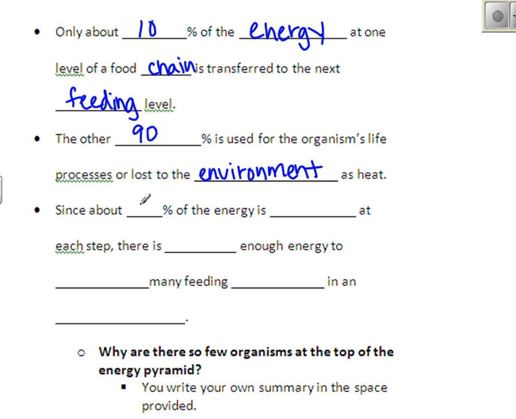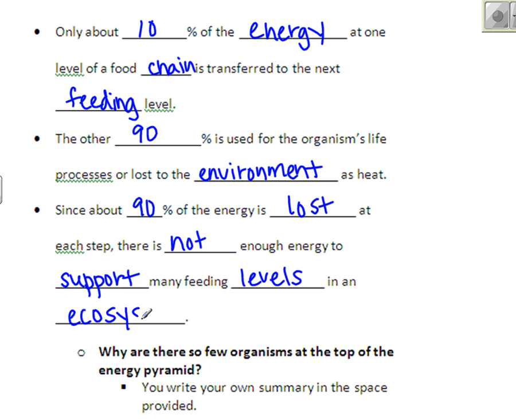So since about 90% of the energy is lost at each step, there is not enough energy to support many feeding levels in an ecosystem. So whenever I discuss with you how really you only have maybe up to a third level consumer, and very rarely will there ever be a fourth level consumer in a food chain, that's the reason why.